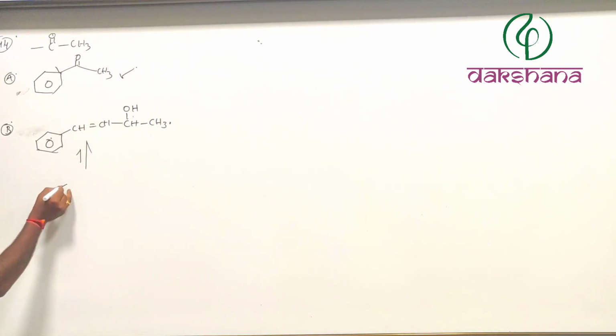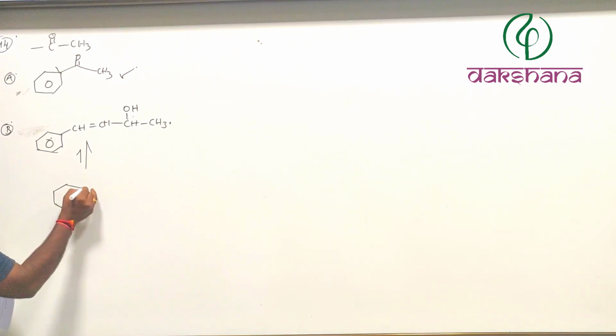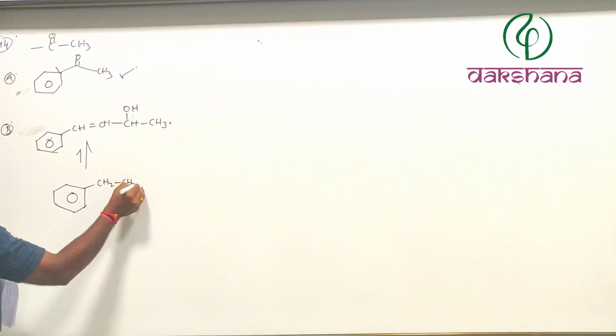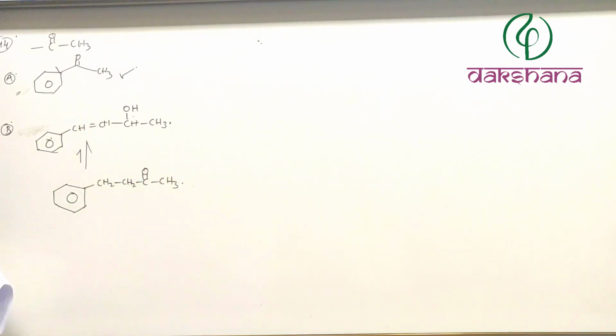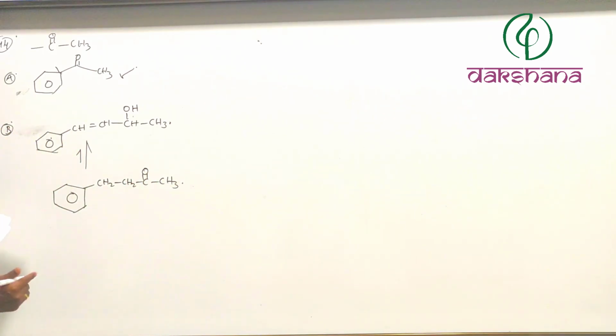Because of that keto-enol tautomerism, it can be converted to the form having the C double bond O CH3 group.